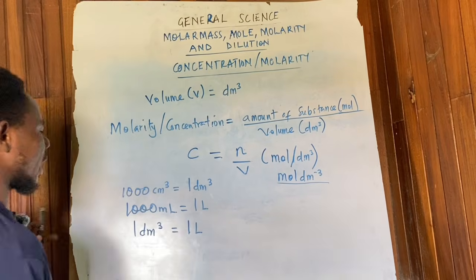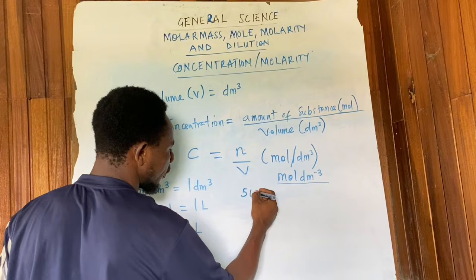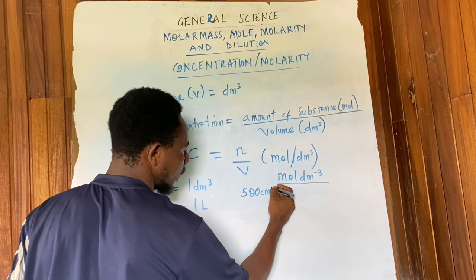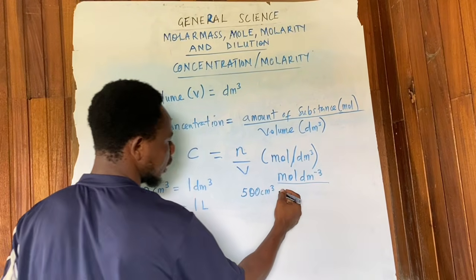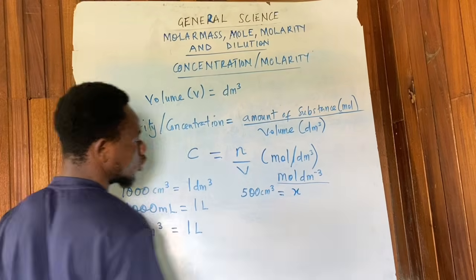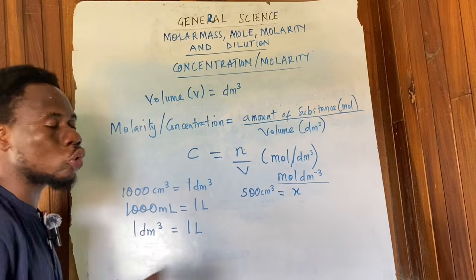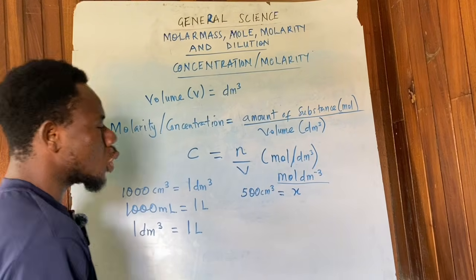Now, let me give you an example. If I have 500 cm cube, it is equals to x, because you don't know, we have to change 500 centimeters cube to dm cube. Now, what do I have to do?